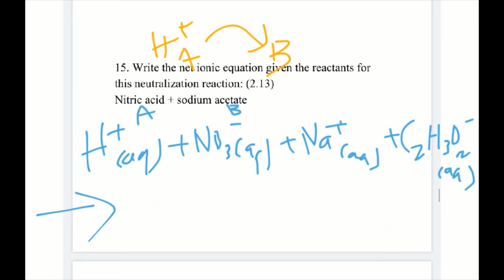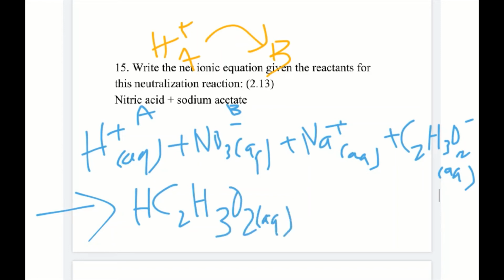So if we do this, we get HC2H3O2 aqueous. This is acetic acid because the H plus gets transferred to the base.